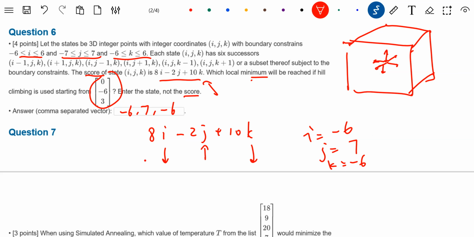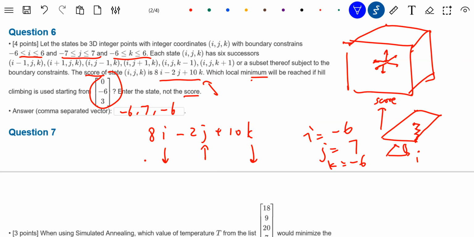It's harder to view this in 3 dimensions. So in two dimensions, if you visualize the score on the z-axis, and then we have i and j, then no matter where we start, we just go like this, and then we hit one of the 4 corners, so we only care about which one is the best one.